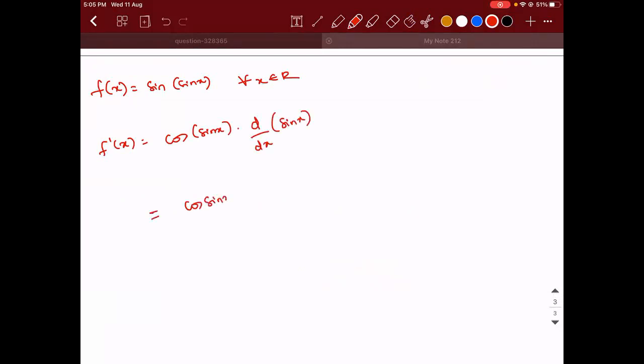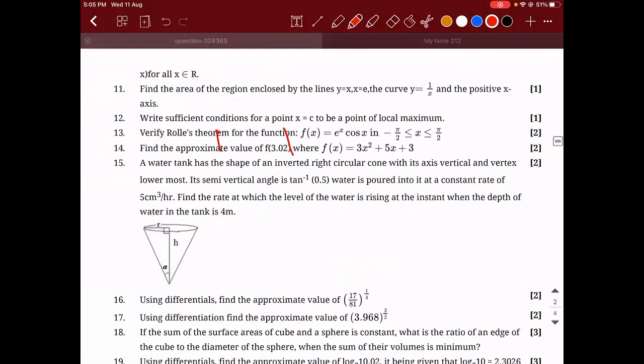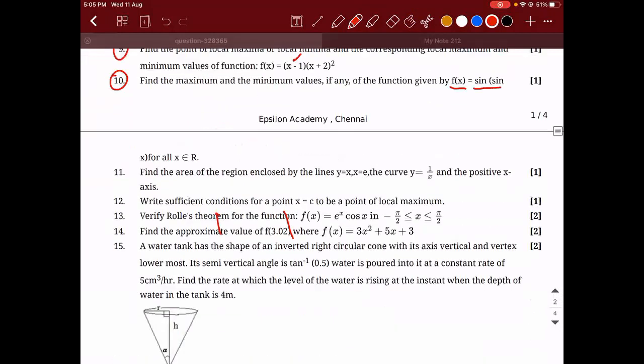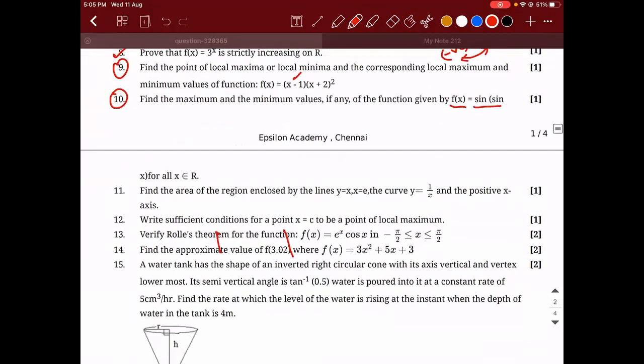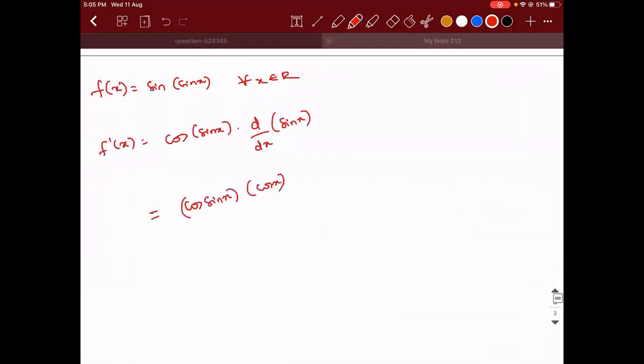So cos of sine x into cos x, correct? They're asking to find the maximum and minimum values for all values of x that belongs to R.